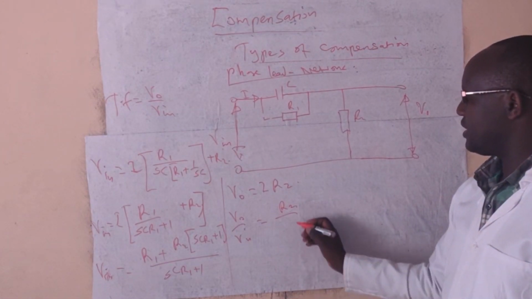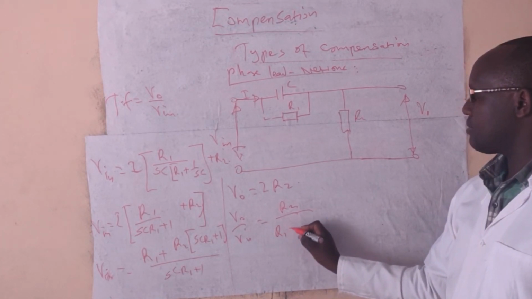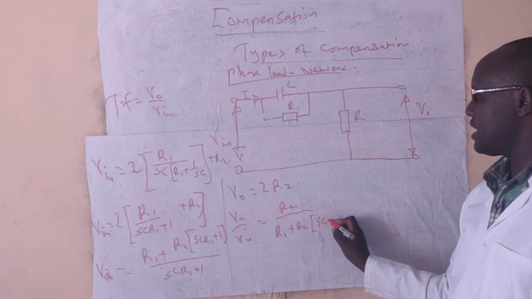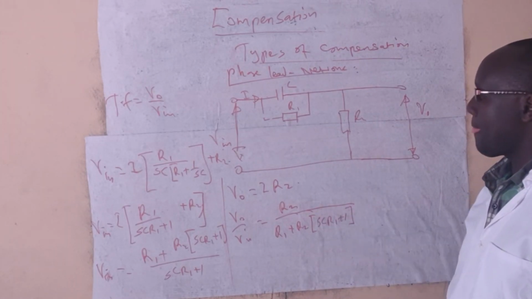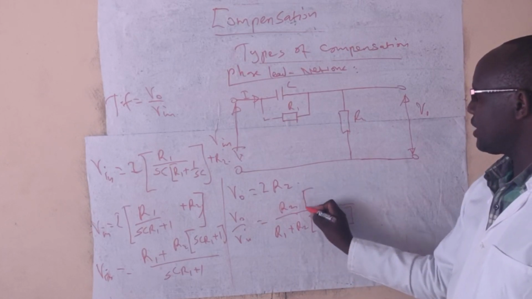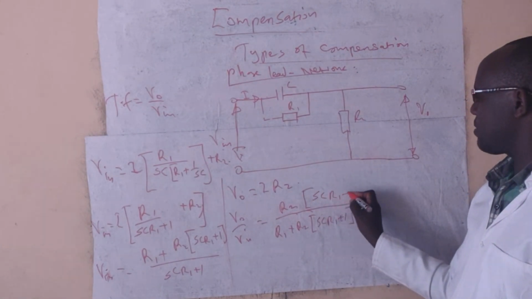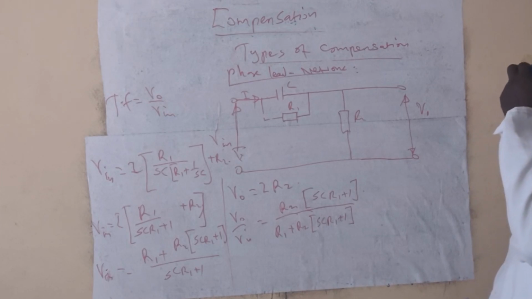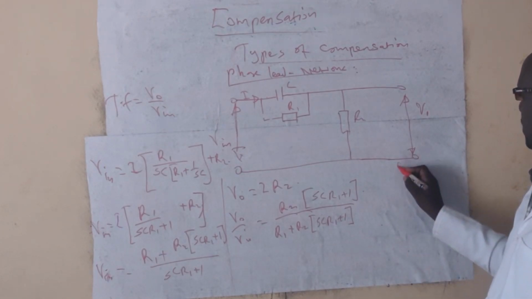We shall remain with R1 plus R2 into SCR1 plus 1, here multiplied by this SCR1 plus 1. So this is what we're going to get.